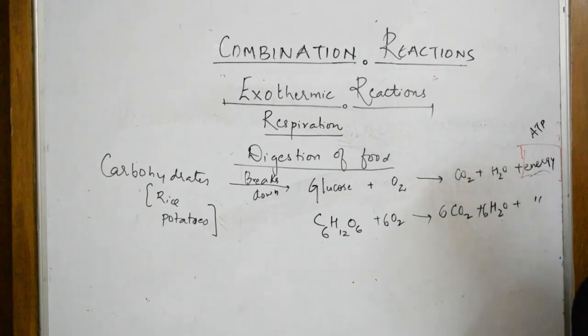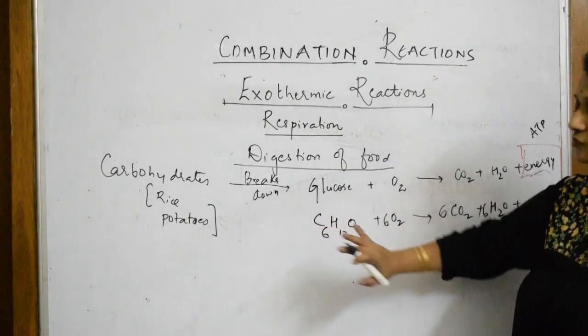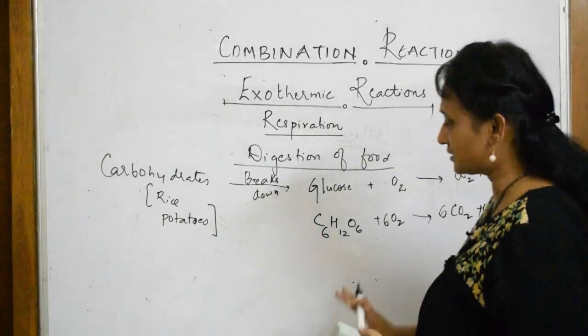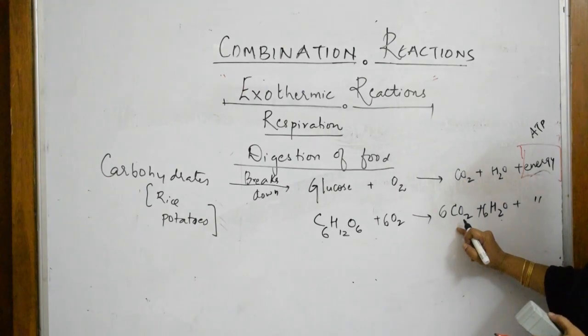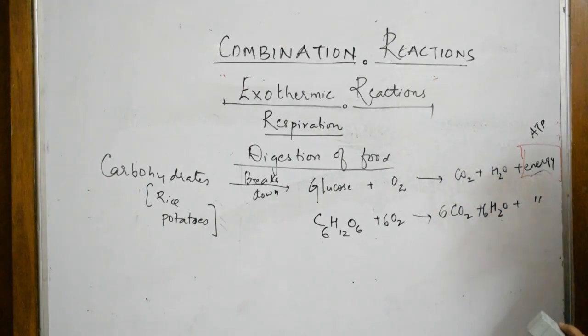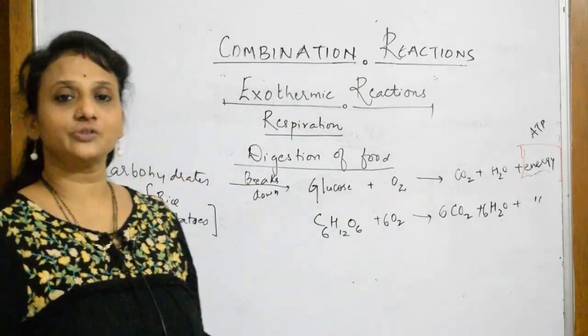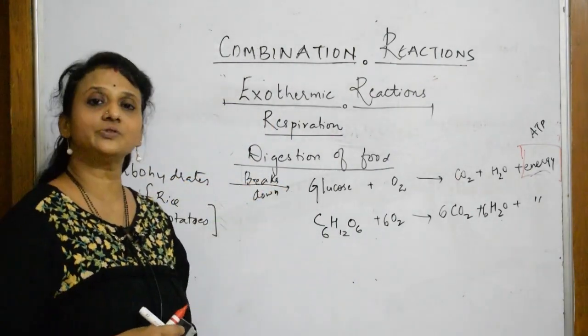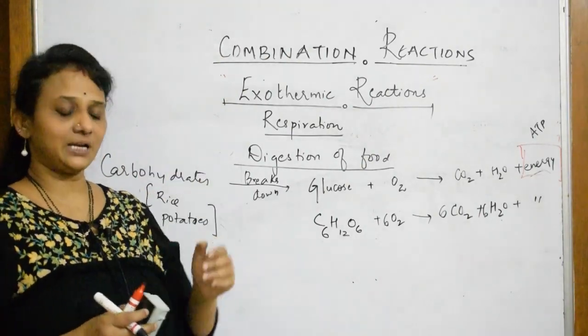Balanced. So the reaction is glucose, C6H12O6, combining with 6 oxygens to give 6 carbon dioxides, 6 water, and energy. Simple. This is your respiration reaction, during digestion of food. This is what is going to happen inside the body, right? Now this is one example I understood.